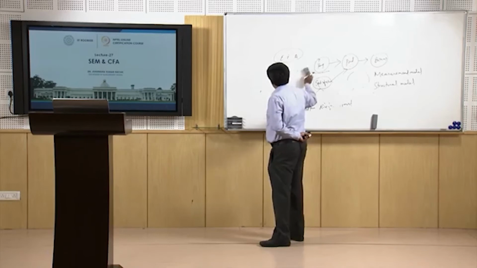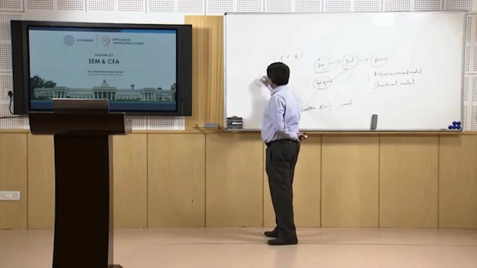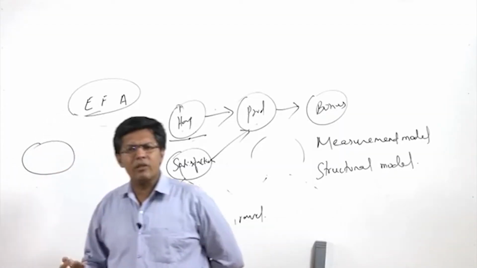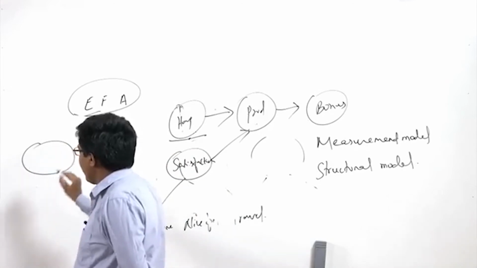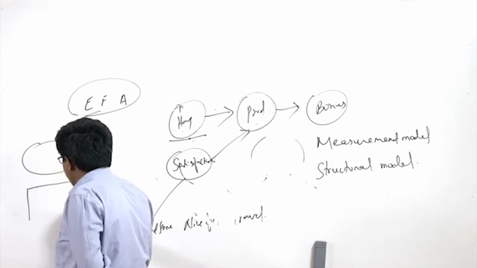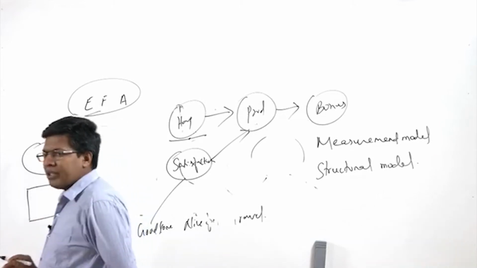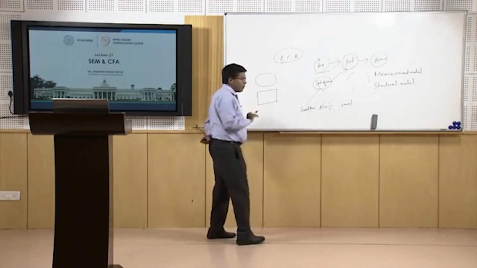So, when we are building the model, you need to remember something. A construct is denoted or represented by an ellipse, or you can say an oval, and a variable is represented by a rectangle. Okay. So these two things you need to remember.